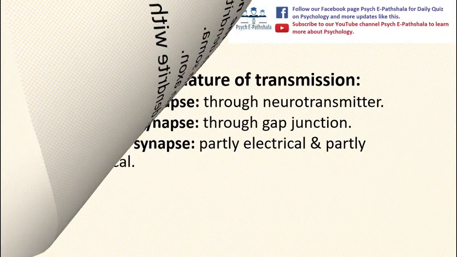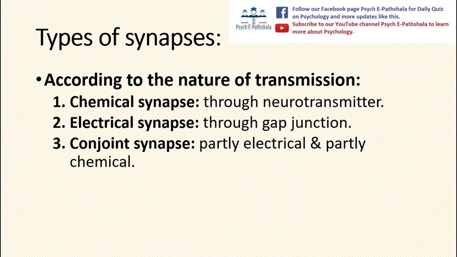Based on the nature of transmission, synapses can be of three types. Number 1, chemical synapse, where the transmission occurs through neurotransmitter. Number 2, electrical synapse, where the transmission occurs through the gap junction.